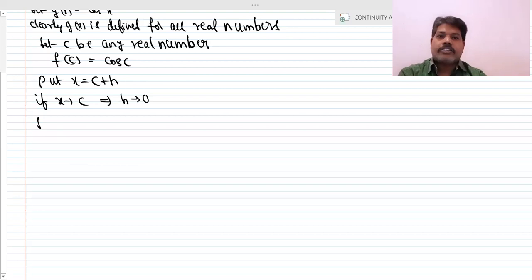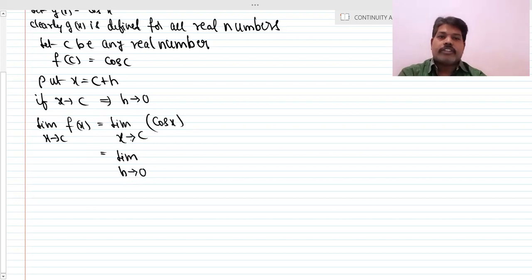So the limit as x tends to c of f of x, where f of x is cos x, I will change in terms of h: limit as h tends to 0 of cos of c plus h.